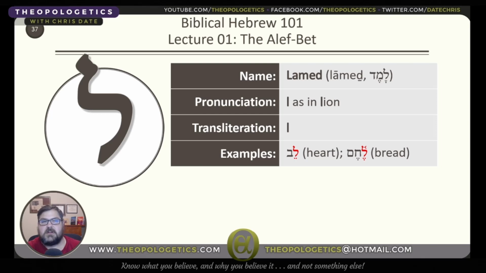Both of those words start with the Hebrew letter lamed. Incidentally, the name of the town Bethlehem is literally the words bayit, meaning house, and lechem, meaning bread. So Bethlehem is Beit Lechem, meaning house of bread.